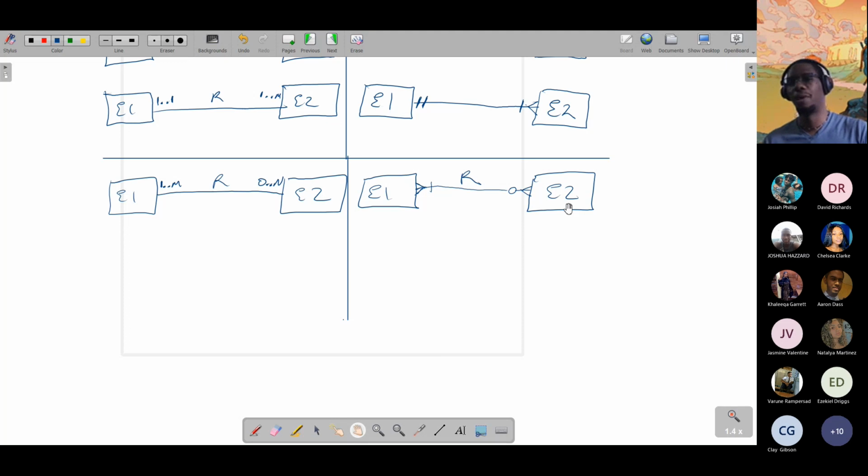But entity 2 must relate to at least one instance of entity 1. Okay, I was talking about the diagram on the left. We have 0 dot dot dot n as an n or m. Yes. So that's telling me that entity 1 has a relationship with 0 or more instances of entity 2.